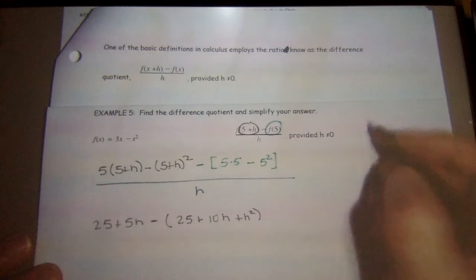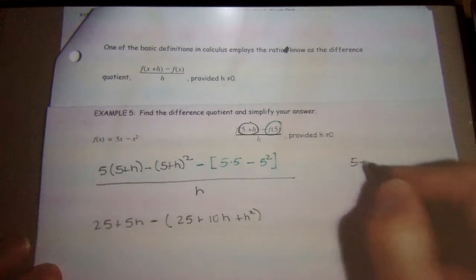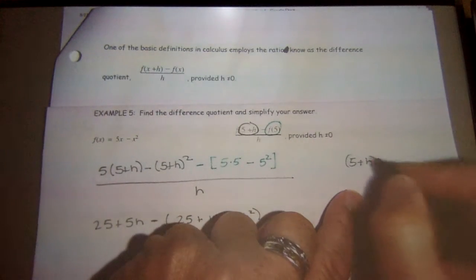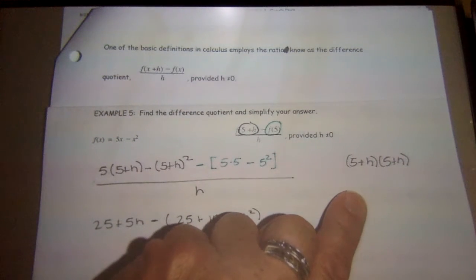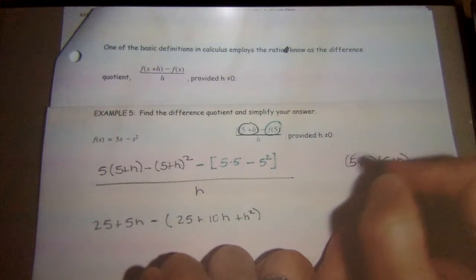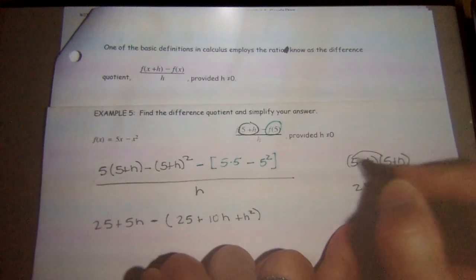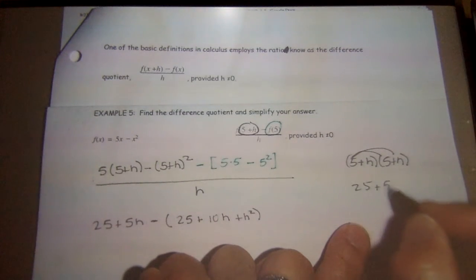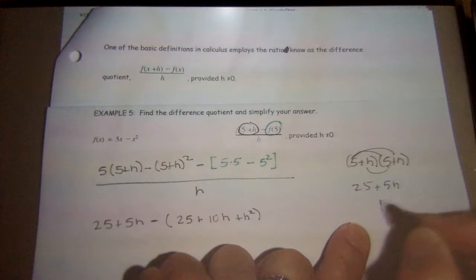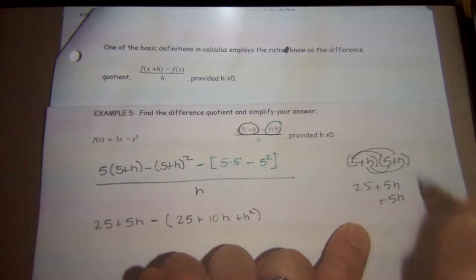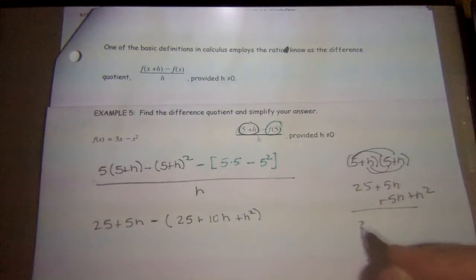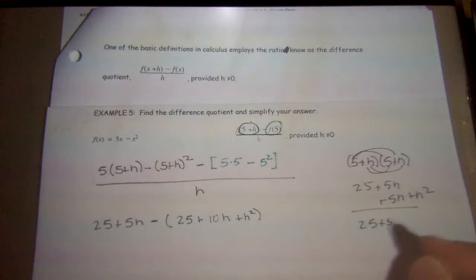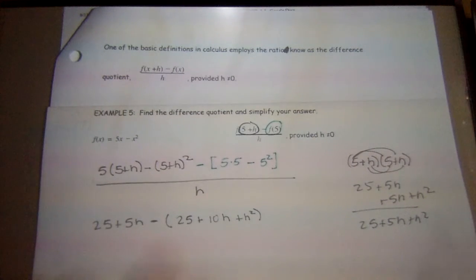Now if you said, okay, well, I don't know that rule, I'm going to go over and multiply it out like this, perfectly fine. There's 25, there's 5h, here's 5h, here's h squared. There's 25 plus 10h plus h squared, is what I put here.